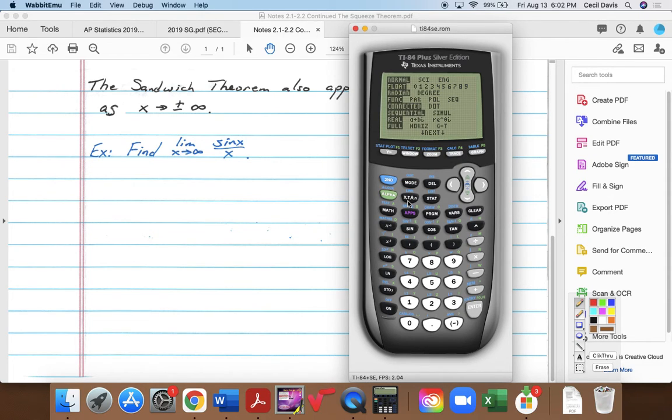Unlike physics, we will pretty much never use degrees in this class. So I had negative 1 over x as one side. The other was positive 1 over x. And let's do a zoom standard and see what those look like.